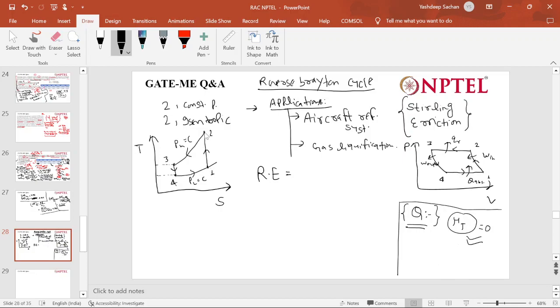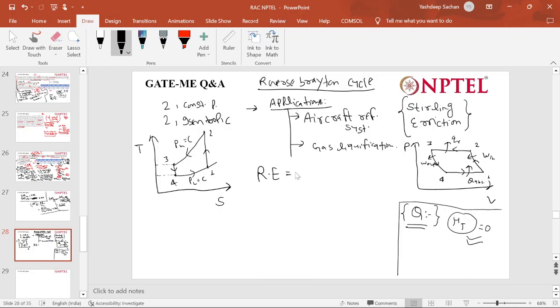And 2 is the exit of the compressor and entry to the condenser. And 3 is exit of the condenser and entry to the turbine in Brayton, and entry to the expansion valve in the VCRS. And 4 is the exit of the turbine and entry to the evaporator. Is it clear now?